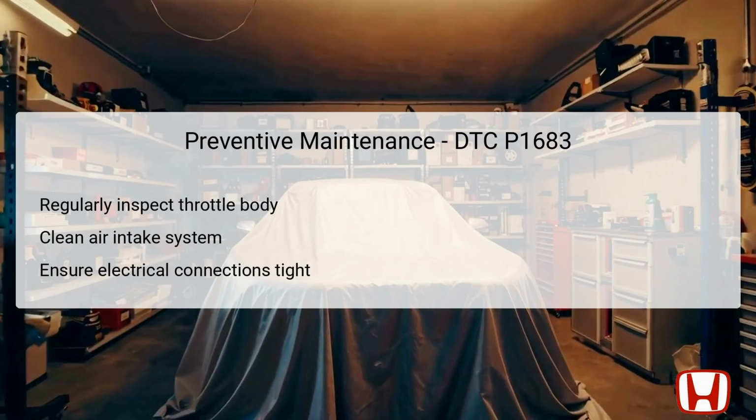Additionally, ensuring that electrical connections to the throttle body and PCM are secure will minimize the risk of intermittent faults. Consistent maintenance practices can extend the lifespan of these components, promote effective engine performance, and enhance overall vehicle reliability.